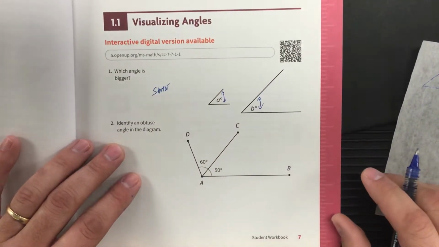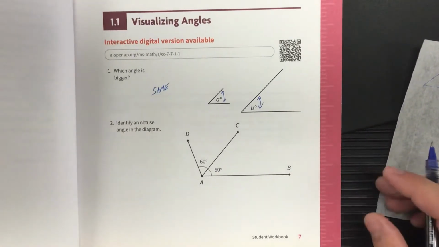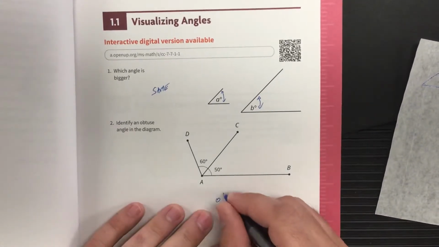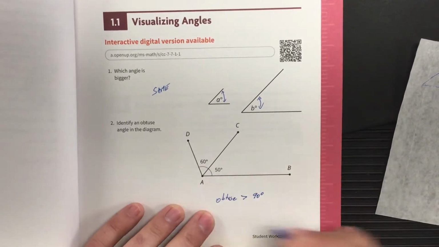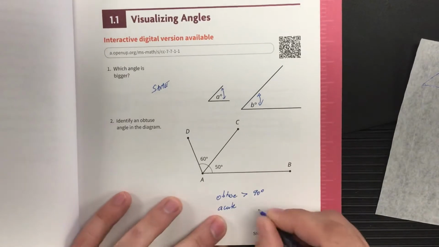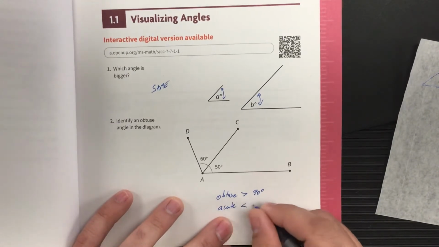Next one, identify an obtuse angle in the diagram. So we better know what an obtuse angle is. Jada, what's an obtuse angle? Greater than 90 degrees. We might as well look at some other terms. If you ever see acute angle, what does acute mean, Parker? Less than 90 degrees.